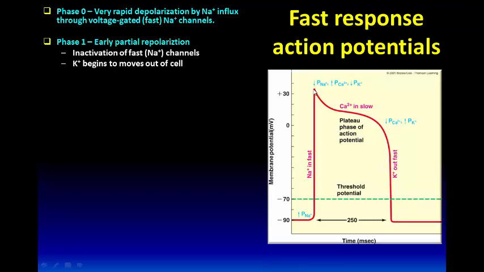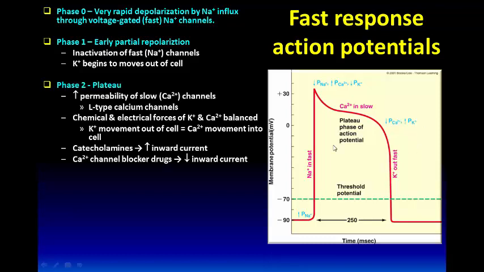Then we have phase one. This is early partial repolarization, during which the fast sodium channels are inactivated, and we have efflux of potassium through transiently opened potassium channels.